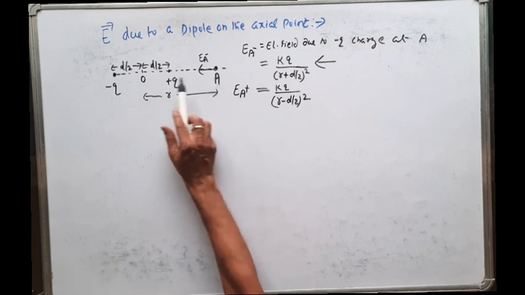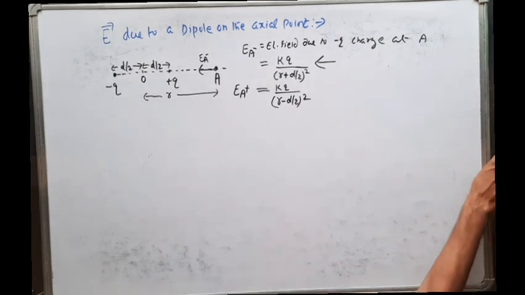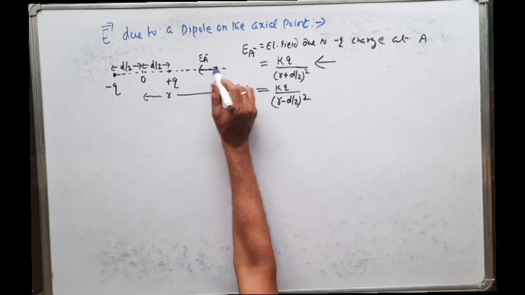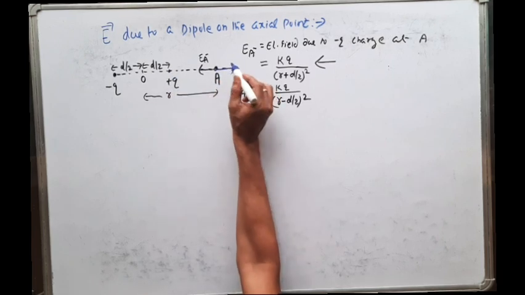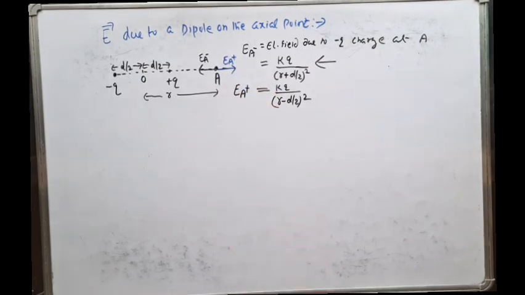Since it is a positive charge, the electric field is always away from a positive charge. We have kept a plus 1 charge here, so this plus Q will repel this plus 1 along this direction. This is the direction of the electric field intensity due to the positive charge.